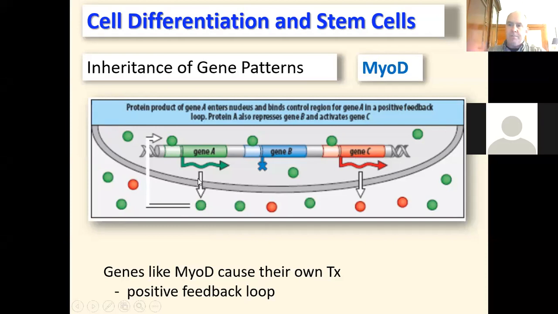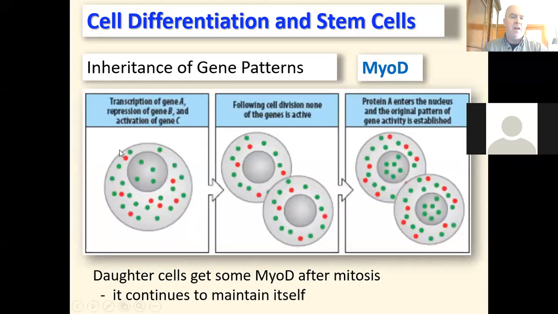So once the cell gets MyoD turned on, it will stay on in that cell forever, until the cell terminally differentiates. Part of that is because you've got a cell with MyoD on, so you've got MyoD in the cytoplasm. When the cell divides into two, you still have MyoD in the cytoplasm of both cells, and that causes each cell to make more MyoD.